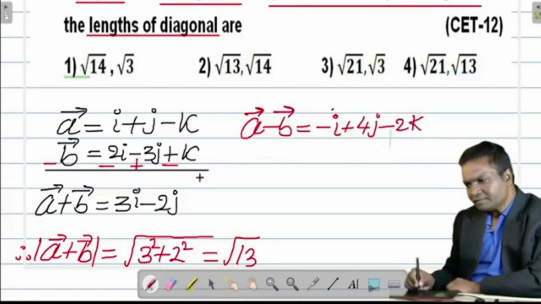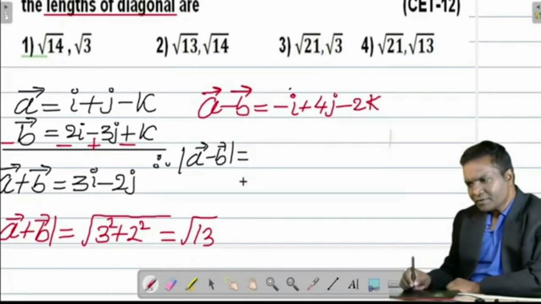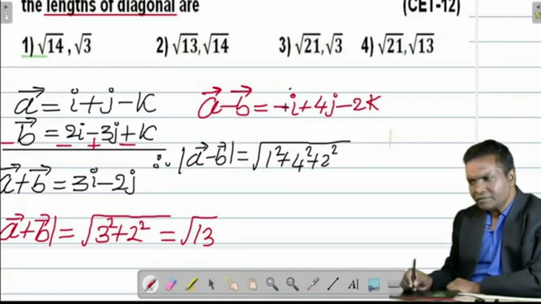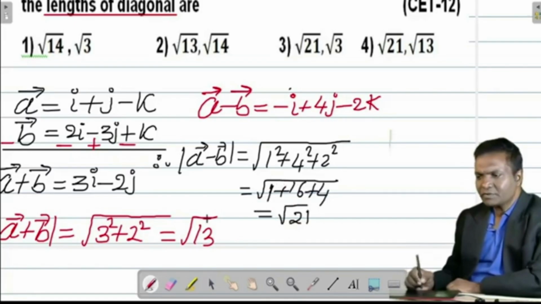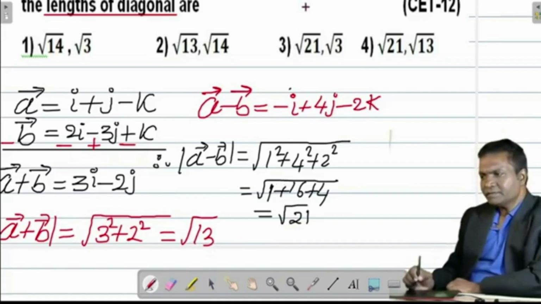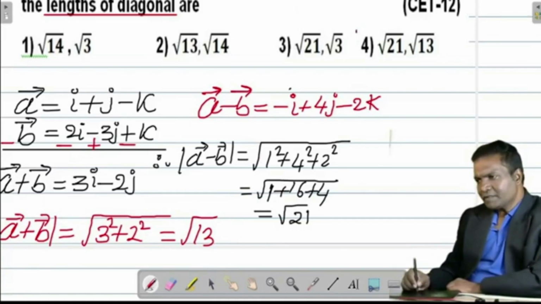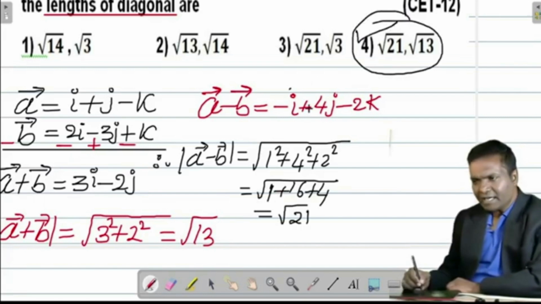So therefore, magnitude of a minus b vector is square root of 1 square plus 4 square plus 2 square. Okay, so square of this minus 1 will be again 1 only. So always you will get positive terms. 1 plus 16 plus 4, you will get square root of 21. And check your answer, square root of 21 and square root of 13. So option fourth one is the correct one.